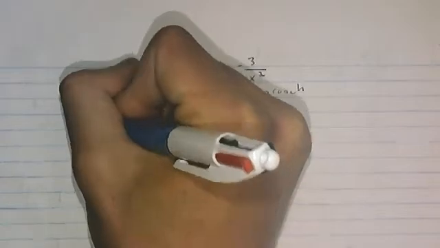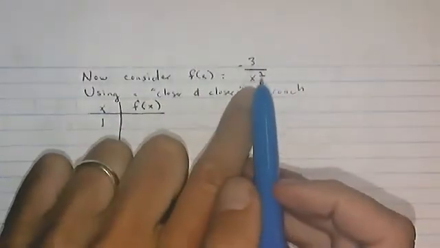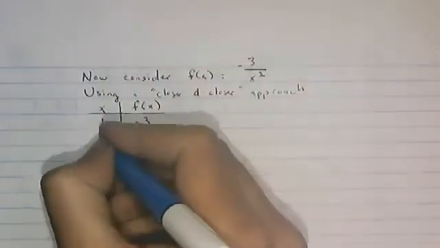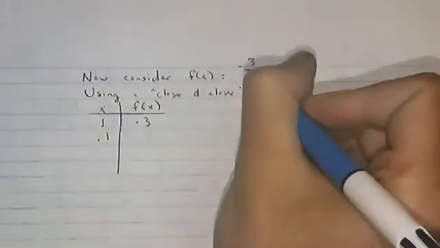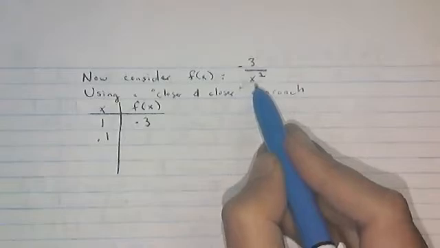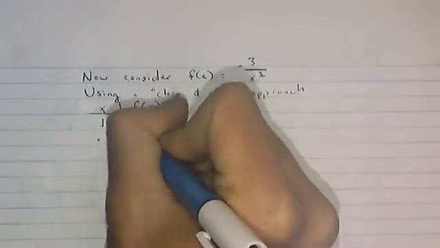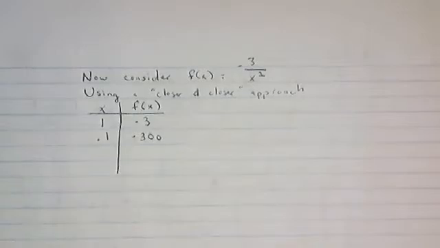So from the right, plug in a 1. 1 squared is 1, divided into 3 is 3, but then we hit it with the opposite, it's negative 3. How about a 10th? A 10th squared is 100th. 100th into 3 is 300. Then we hit it with negative: negative 300. These values look familiar because they're the exact same values from the last page.